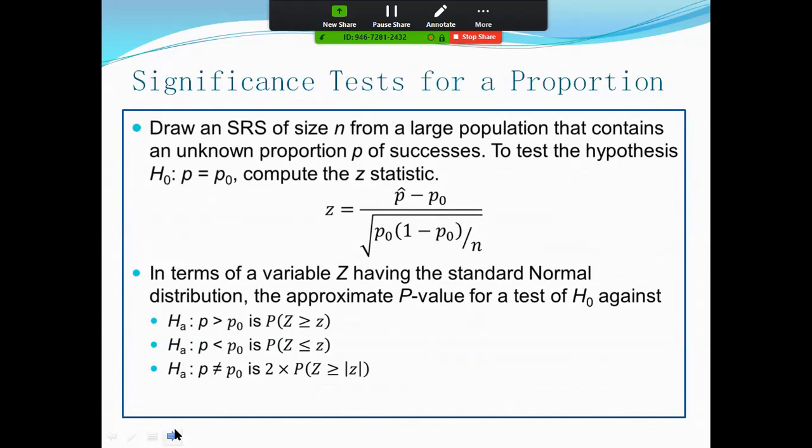Significance tests for a proportion. Draw an SRS of size n from a large population that contains an unknown proportion p of successes.